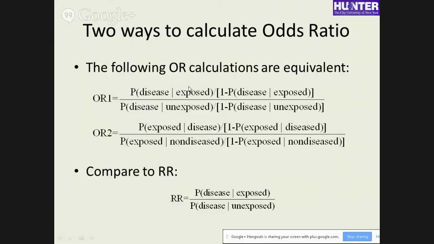Of course, probability of disease given exposure is related to probability of exposure given disease through Bayes' rule. And this is sort of your basic definition of odds ratio. This is one that it is related to via Bayes' rule.